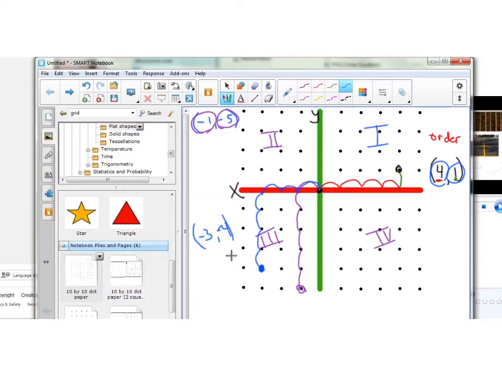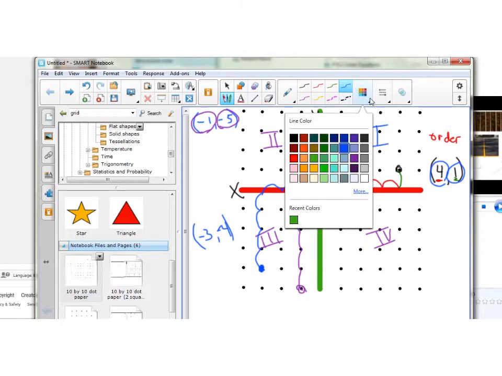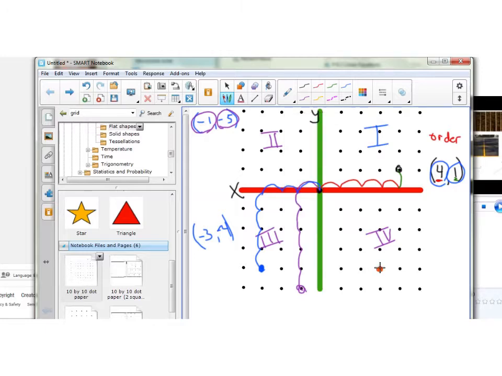Okay, -3, -4. And let's do the orange dot. Okay, so we're going positive 1, 2, 3, and then -1, 2, 3, 4. Positive 3, -4.